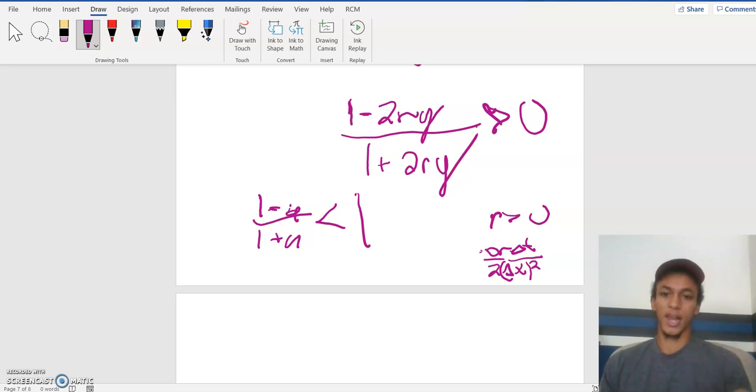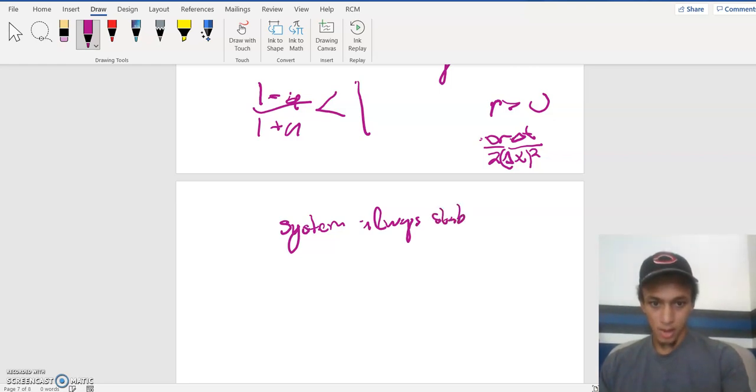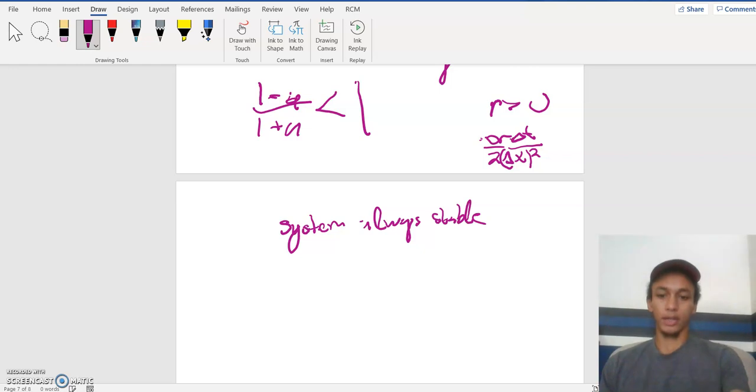I mean, you could get an inaccurate reading, but it will not change the stability. The system will not be unstable by this anymore. So the system is always stable by this. And that is what we wanted.